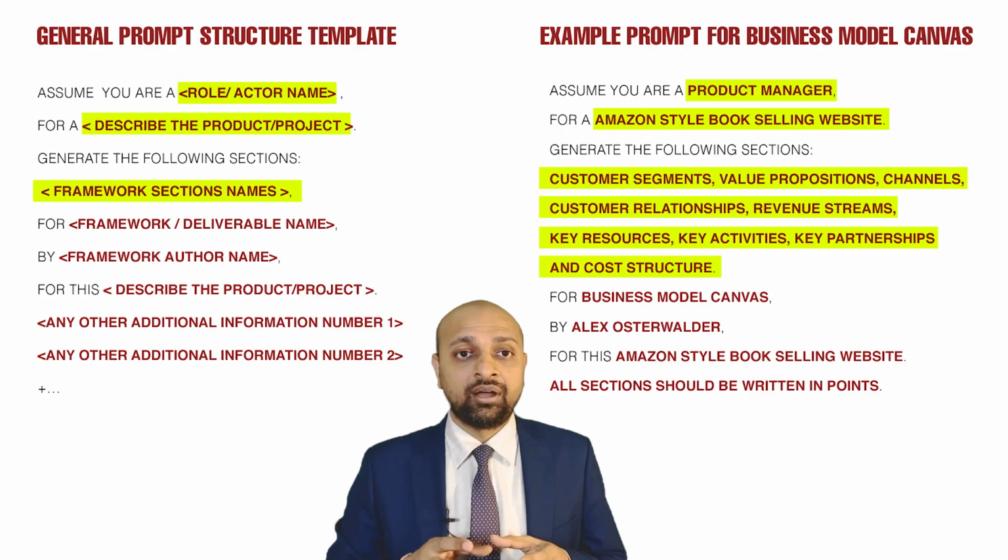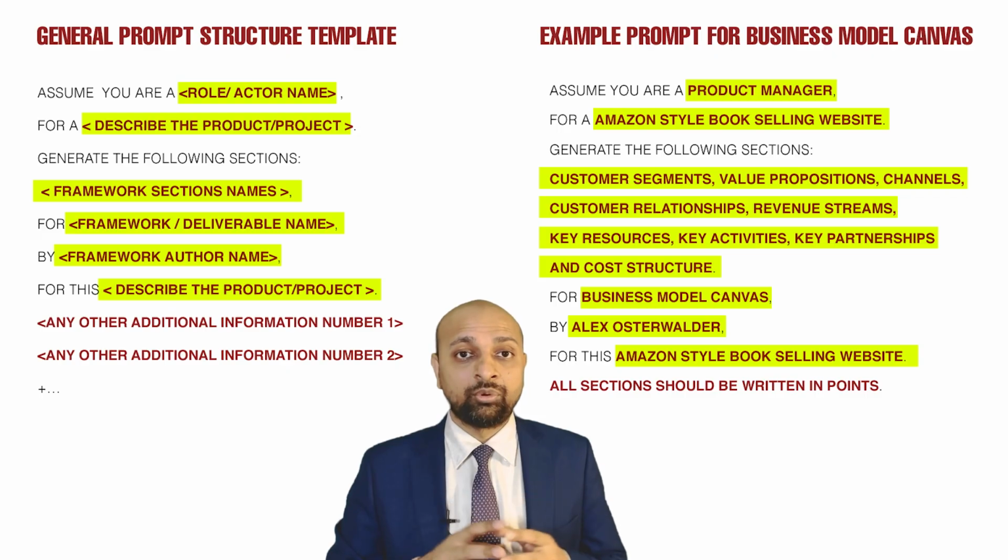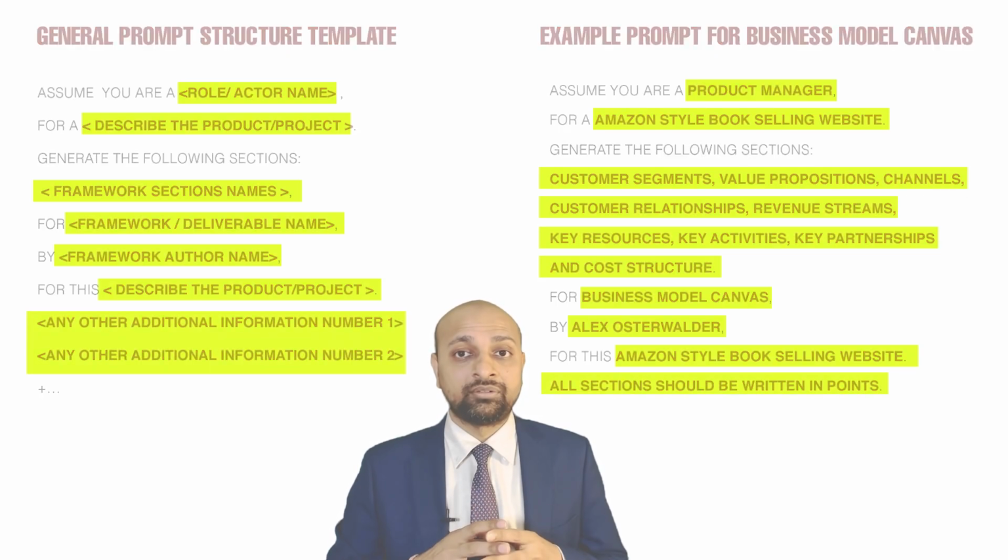These sections are for the business model canvas, which is authored by Alex Osterwalder. We want to generate this for an Amazon style book selling website, with all the sections written in points. So that's a high level summary of this prompt.